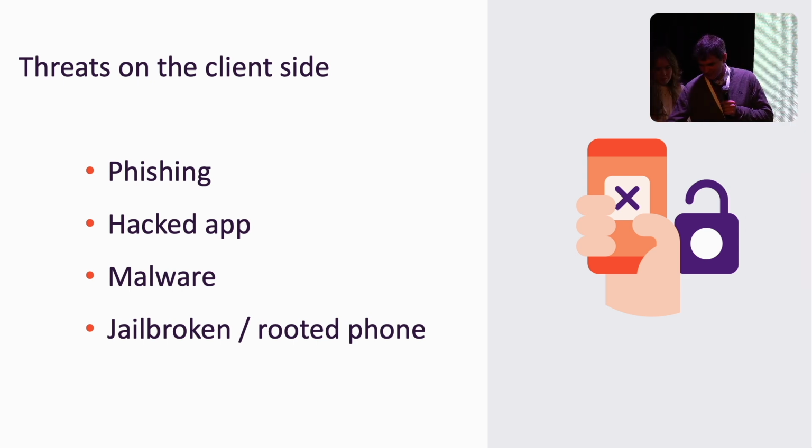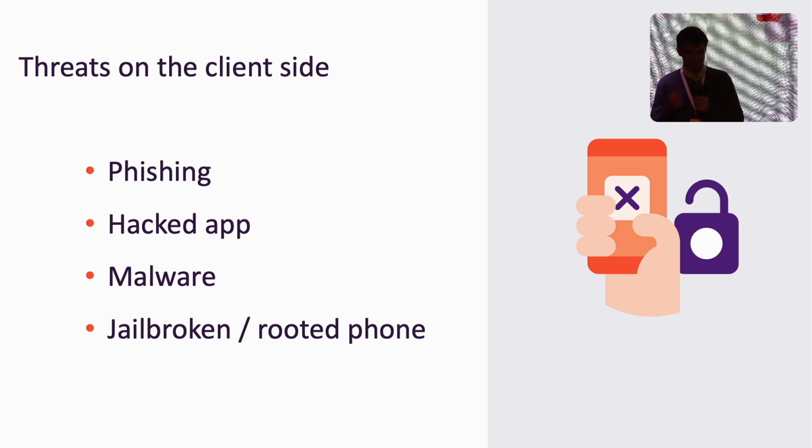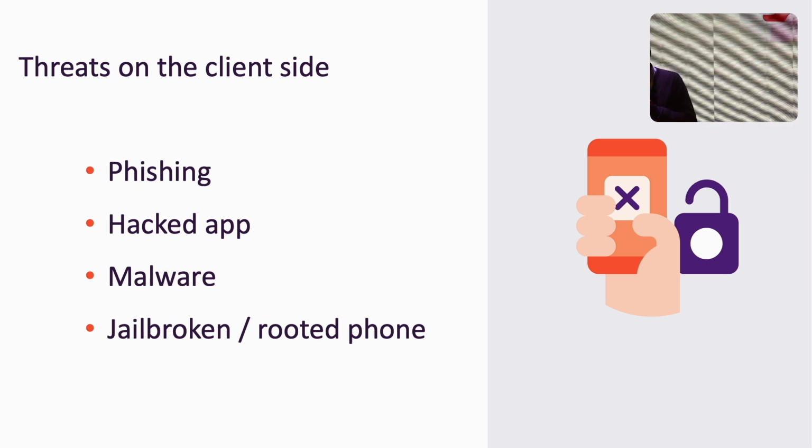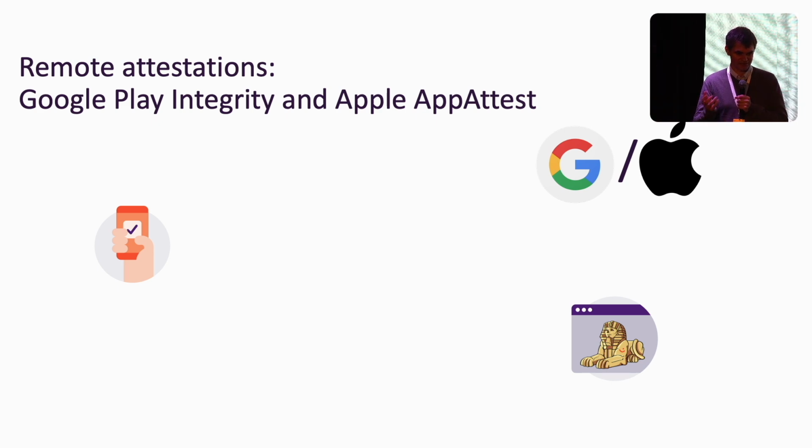But there's one mechanism I would want to go into, and that is that we use remote attestations. That is a feature that is present in both Android phones and iOS phones, where you basically ask the phone to give you an attestation that verifies that the environment it's running on, the operating system and the app itself, hasn't been modified.